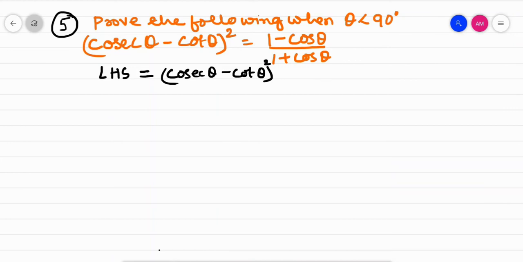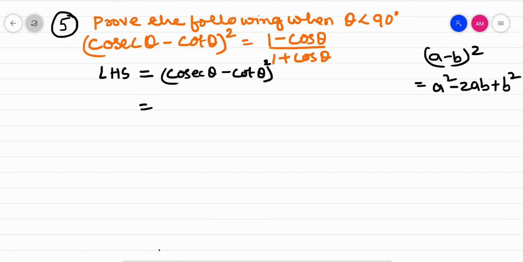Let us see what our LHS is. Cosec theta. Now see here, this is A minus B whole square. What is your A minus B whole square? A square minus 2AB plus B square. Isn't it?